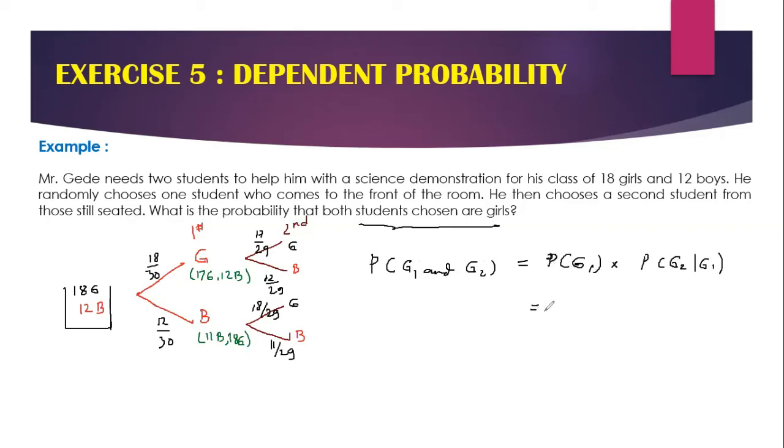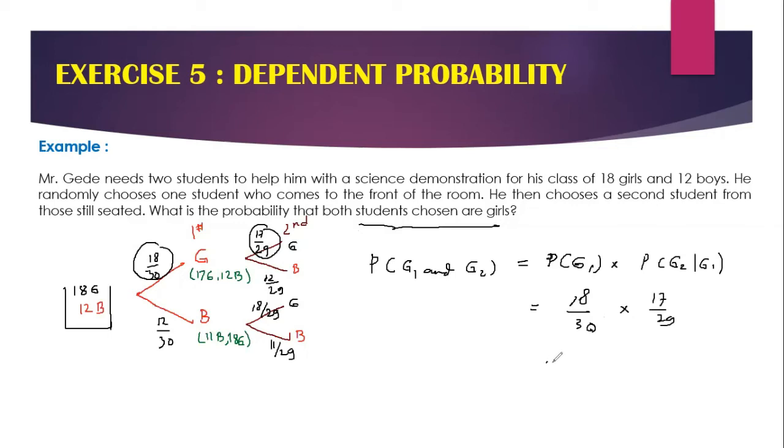Probability of girl 1 is this one, 18 over 30, and probability of girl 2 given girl 1, so the second girl, this one, is 17 over 29.